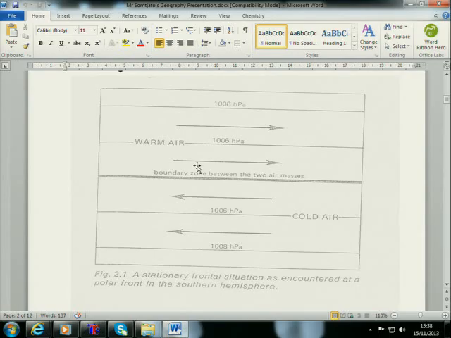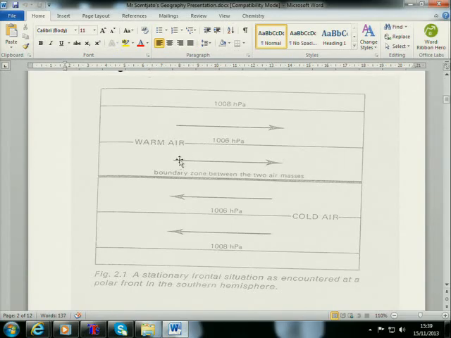You can see that the two air masses are moving parallel to one another in opposite directions. The warm air is moving towards east. The cold air is moving towards west. And they are being separated by the front, which is in this case called the boundary zone, meaning that it separates the two air masses.